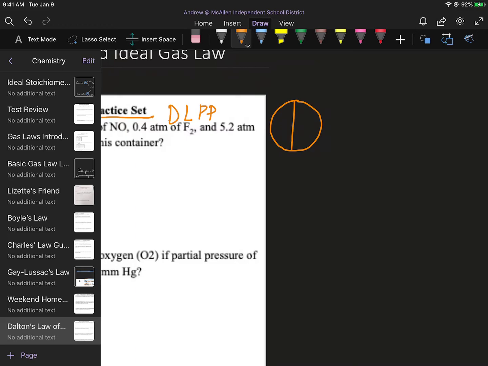Now you can cut that circle into as many pieces as you want, but that area of the circle doesn't change. The area of all these little pieces, if you add them all up, you still get the area of the total. Now, instead of area and little pieces, we're going to do the same thing with gases.